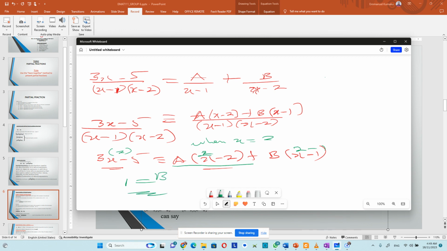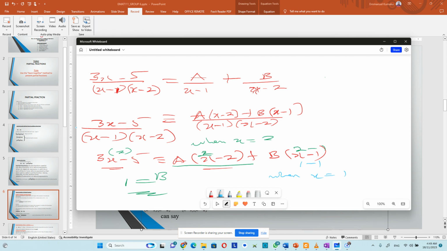Then we also predict another value that will drop the B so that we can solve for A. So let's say when x is equal to 1, this will let the B drop. When x is equal to 1, this becomes 0.